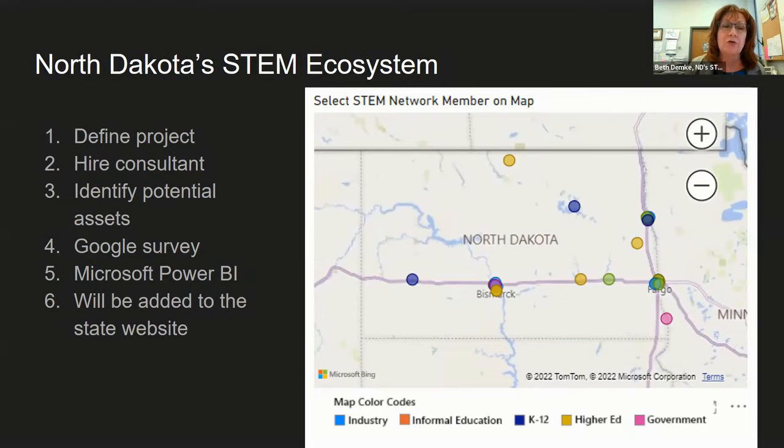We started with that Google survey. Eventually it fed into what you're looking at here, which is a Microsoft Power BI map. We are now working with the state to get it added to their website, which is administered by the Department of Public Ed, and CTE, their career technical ed, is helping to shepherd it into the overall system, which I think will make a huge difference in the way that this is both managed and maintained.